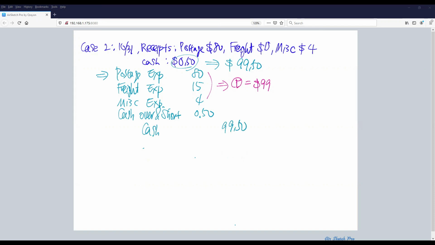Okay, then let's see another case. Case 3. On November 1st, you feel that, oh, we've used up most of 100, right? So maybe it would be better to increase the fund to 130. The petty cash.